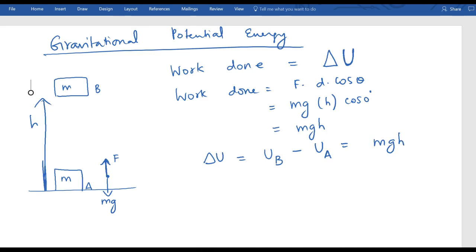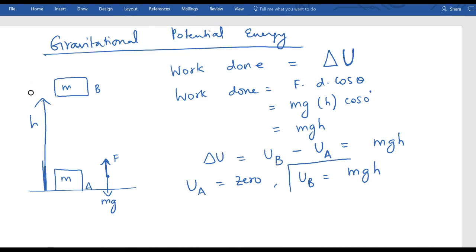So what if I set the potential energy at point A as 0? That means I'm going to choose the ground as my reference level and say, arbitrarily, that potential energy on this level is equal to 0. Can I do that? Yes, of course, because everything is relative, so it becomes convenient to set the potential energy to 0, so that then we can write U_B is simply mg times h.